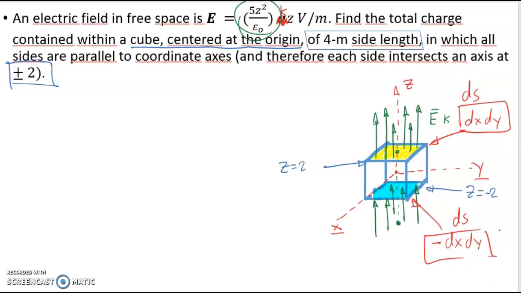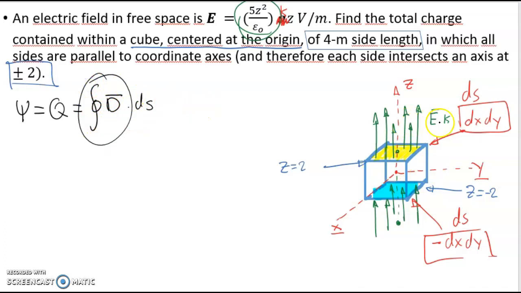Why is this important? If we recall Gauss's law, which states that the flux equals the charge equals the closed surface integration of D dot product dS. If we have several parts of the surface that we have to integrate, we're going to divide this integration into as many sides as we're analyzing.